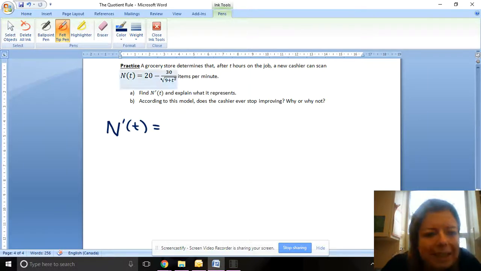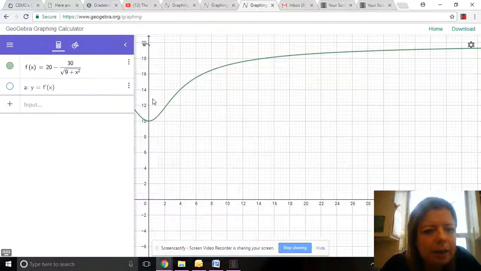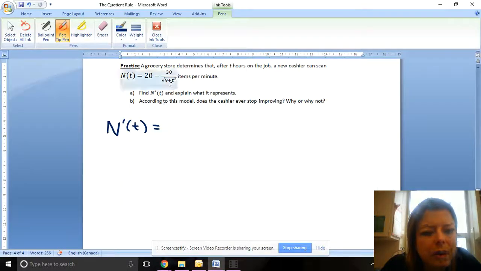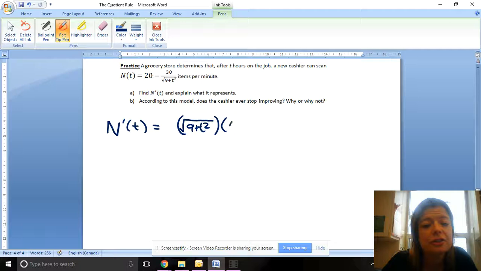So what is the derivative of this? Well, this is a quotient. So we take the bottom and multiply it by the derivative of the top, which is actually just 0. That's cool because a bunch of that's going to go away.